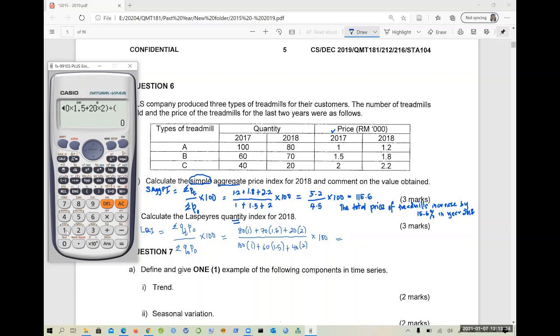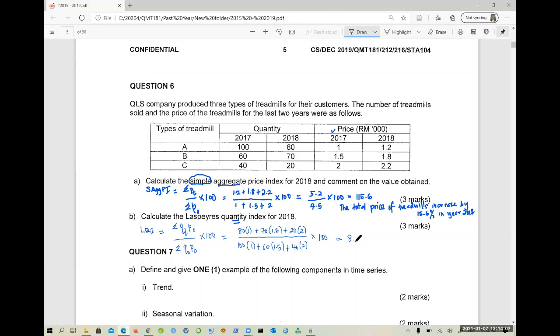So you have 100 times 1 plus 60 times 1.5 plus 40 times 2, close the bracket, and then the whole thing multiplied by 100. You should get 83.3. That is the Laspeyres quantity index.